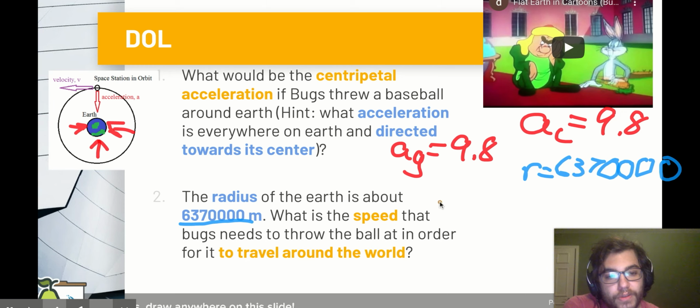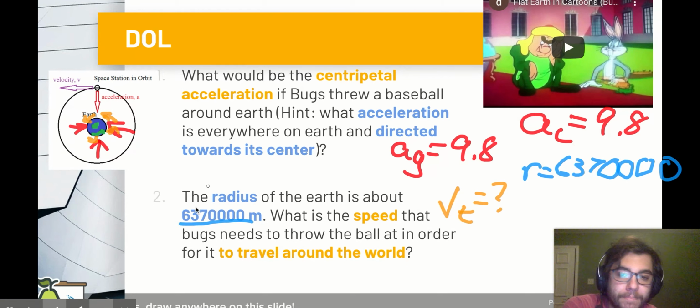So we are looking for VT. Because we're looking for a ball that is traveling like this. Obviously not that far, but it's more like right up against the Earth's surface. It will be traveling like so, all the way around until it reaches Bugs again. All right.